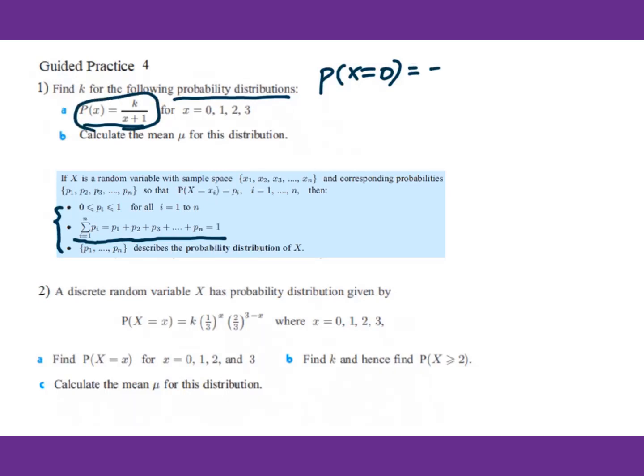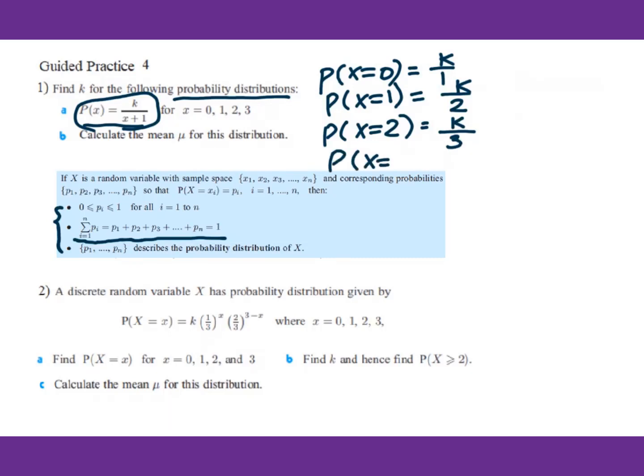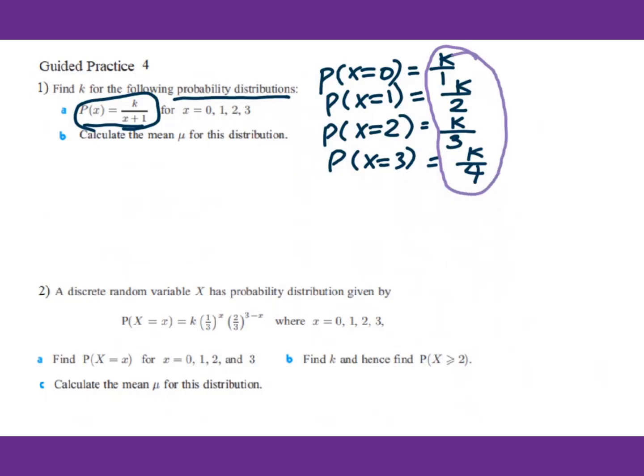Then you will get k over 1. Probability x equals 1, you will get k over 2. Probability x equals 2, you will get k over 3. Probability x equals 3, you will get k over 4. Then all this adding will be equal to 1.